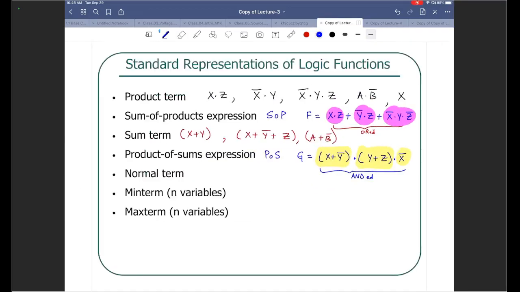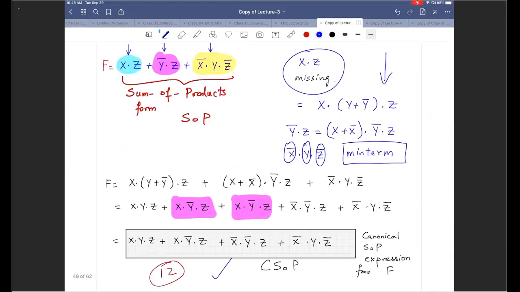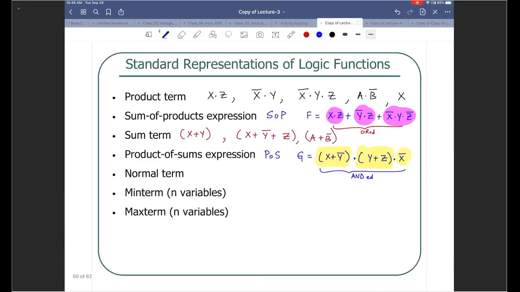What is a normal term? Well, let's come back to the normal term at the end. Let's talk about minterm with n variables. So a minterm, as I suggested over here, right? A minterm is a product term in which all the input literals are represented, either in true form or in complement form. So let's just define it over here.